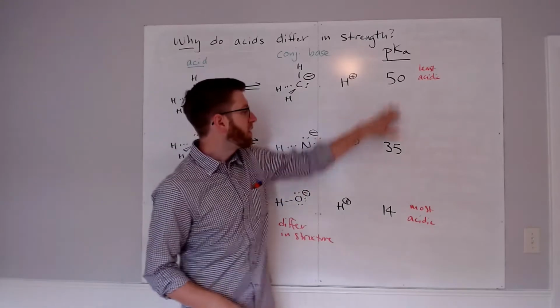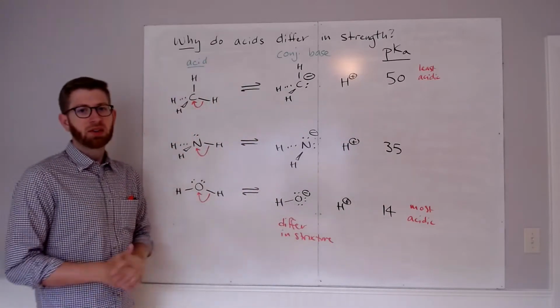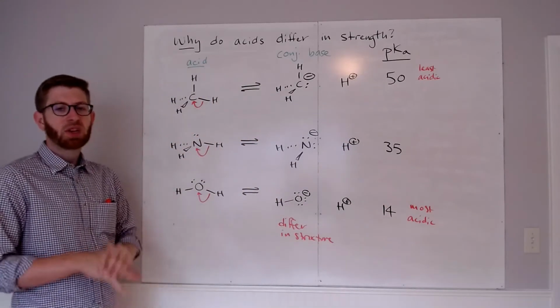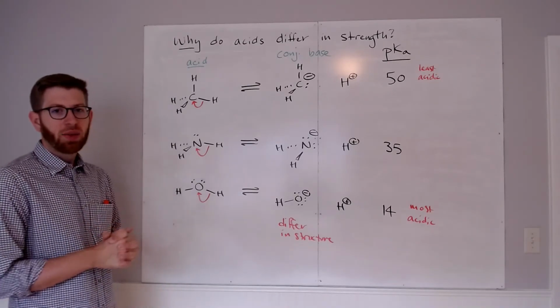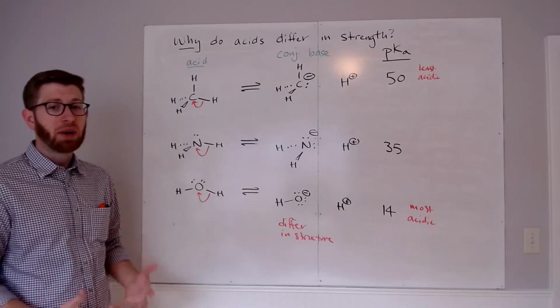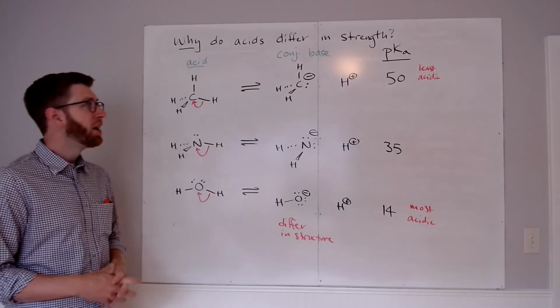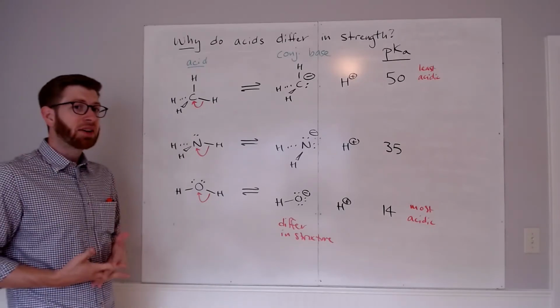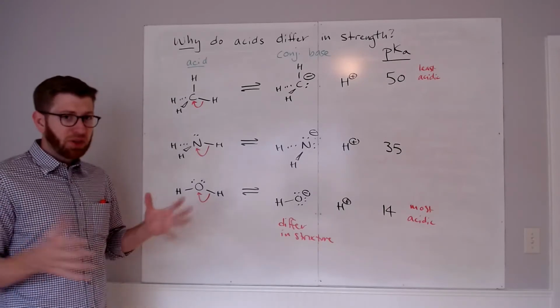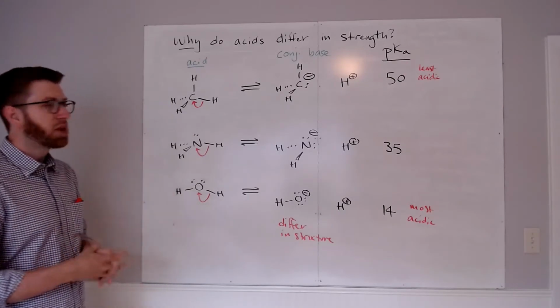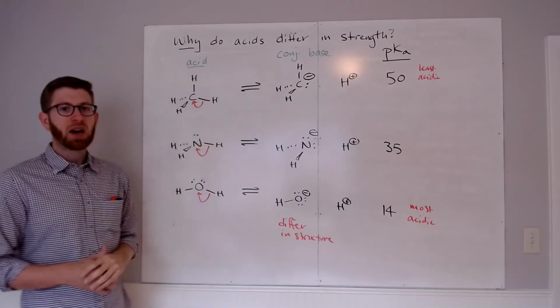It turns out all of these values are measured under the same set of conditions. So same solvent, same temperature, same concentrations initially. So really we're starting to isolate things like structures of compounds. And what we're going to find in this video is that that's actually a driving factor for whether a compound is strongly acidic or not. Everything matters, but the structures involved in this equilibrium matter a lot.